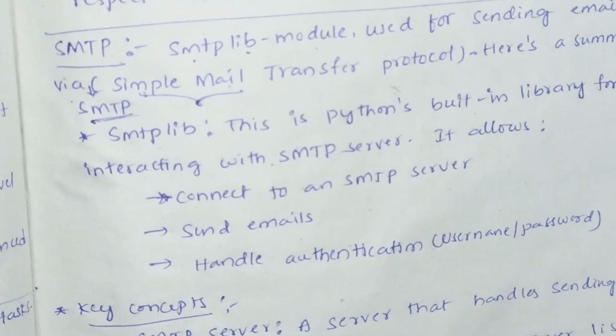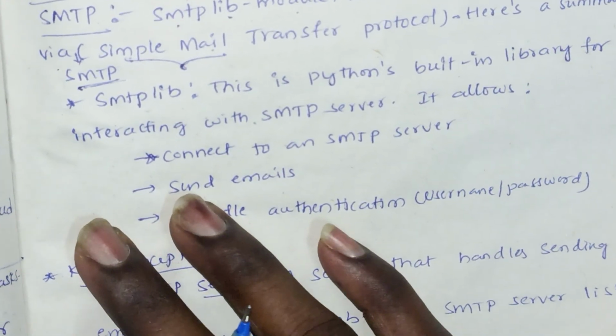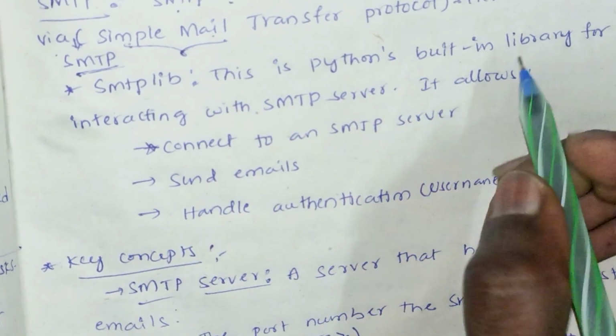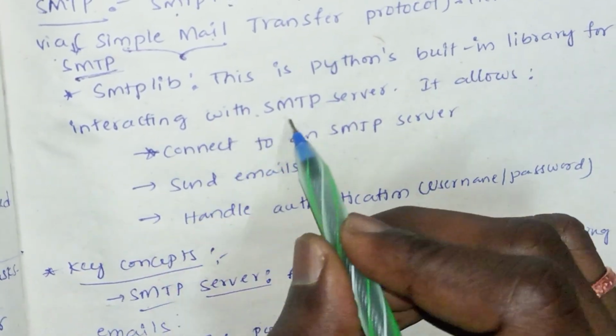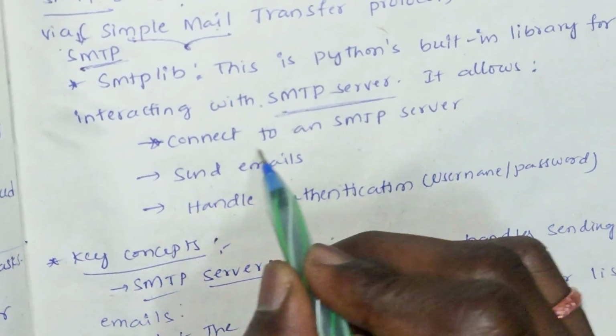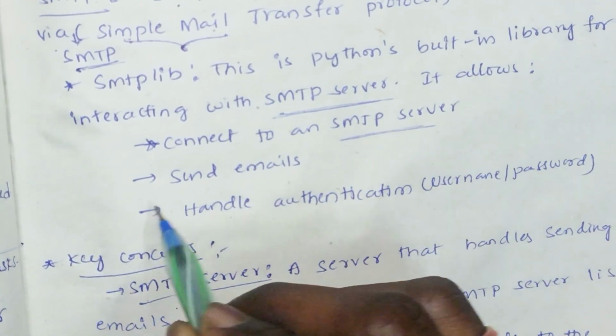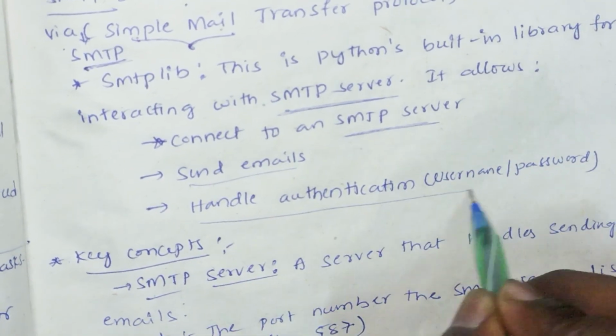Here is a summary. What is the smtplib library? This is a Python built-in library for interacting with an SMTP server. It allows you to connect to an SMTP server, send mails, and handle authentication.